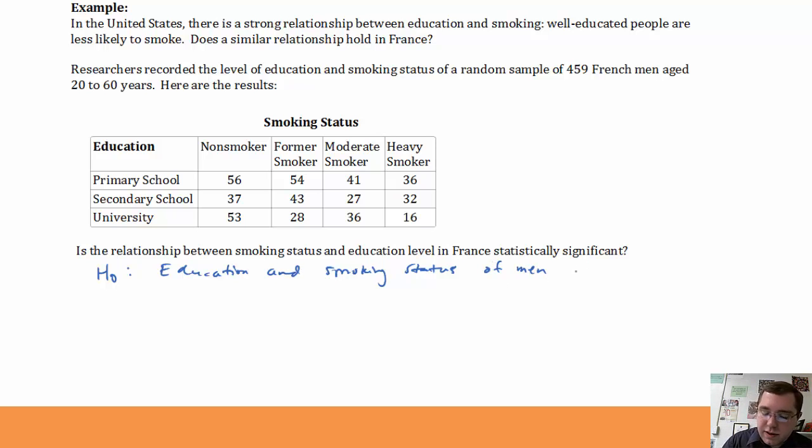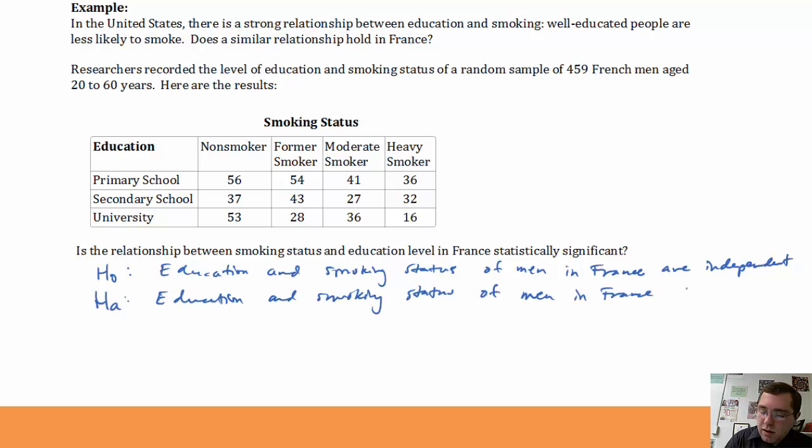The education and smoking status of men in France are independent. We're trying to see if we have evidence to say that they are not, to say that there is some kind of relationship between them. So the alternative hypothesis is that education and smoking status of men in France are not independent. Or we could say are associated.